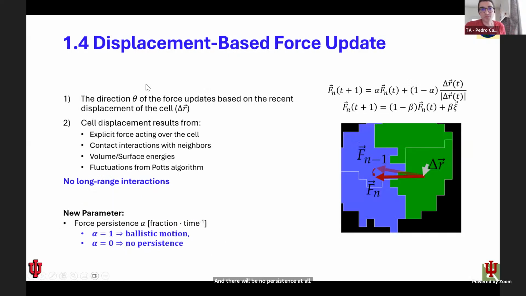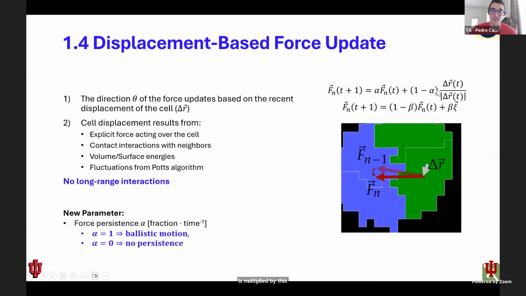Then we take that previous force model and we update that force based on the displacement of the cell. So if the cell displaced by a delta R, we will sum this delta R. This will be a contribution to our new force vector, and this contribution is multiplied by this 1 minus alpha.